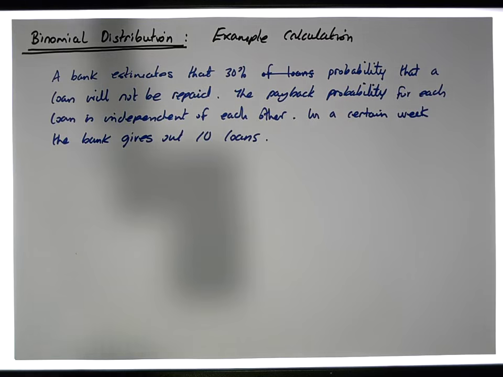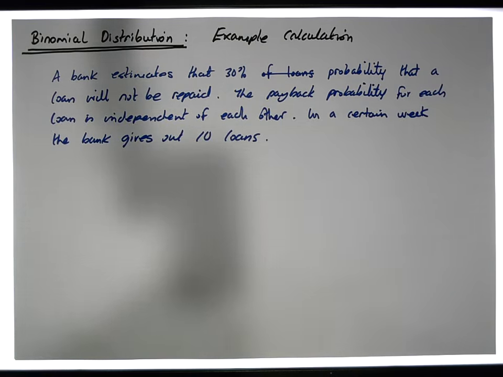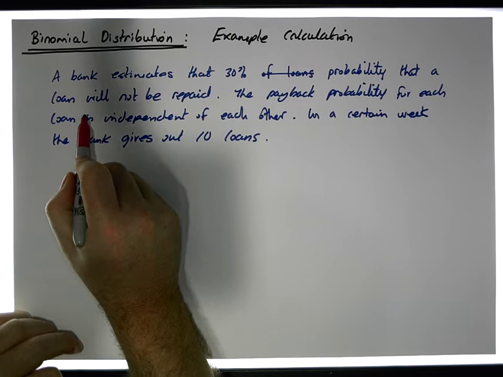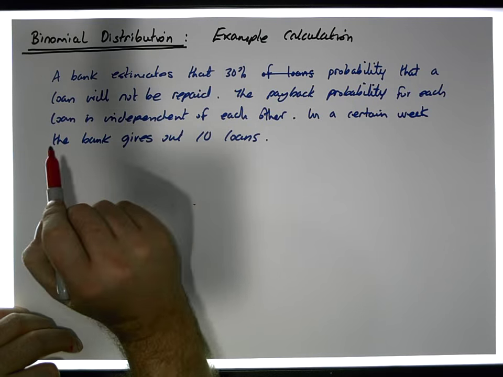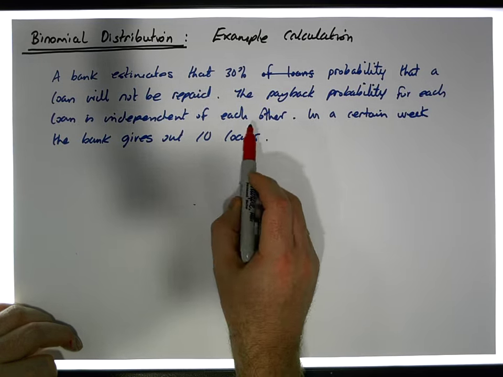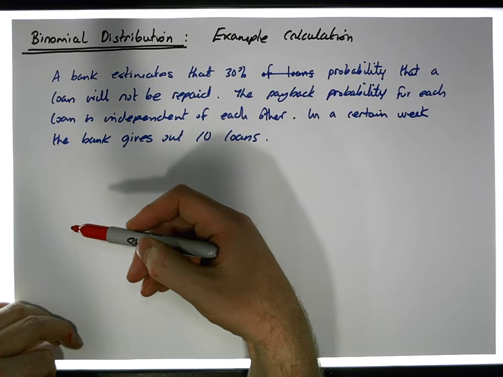So a bank estimates that there's a 30% probability that each loan it gives out will not be repaid, and that the payback probability for each loan is independent of each other. So just because one person doesn't pay doesn't mean that's going to affect whether another person pays.